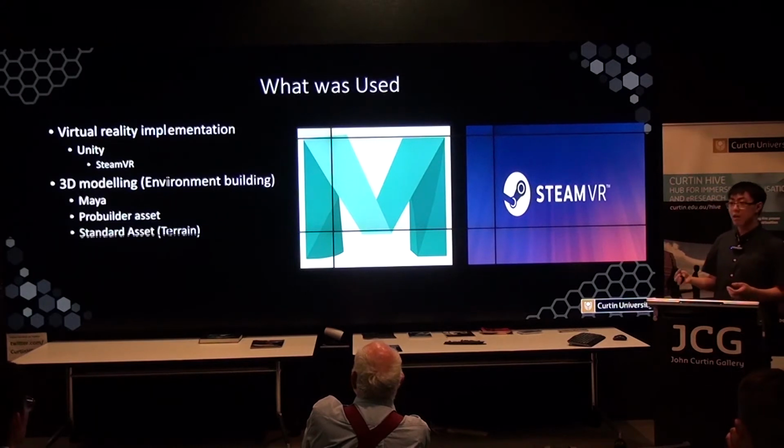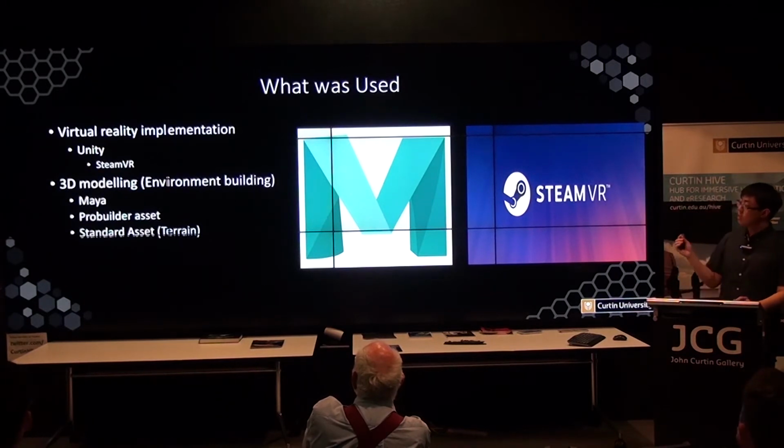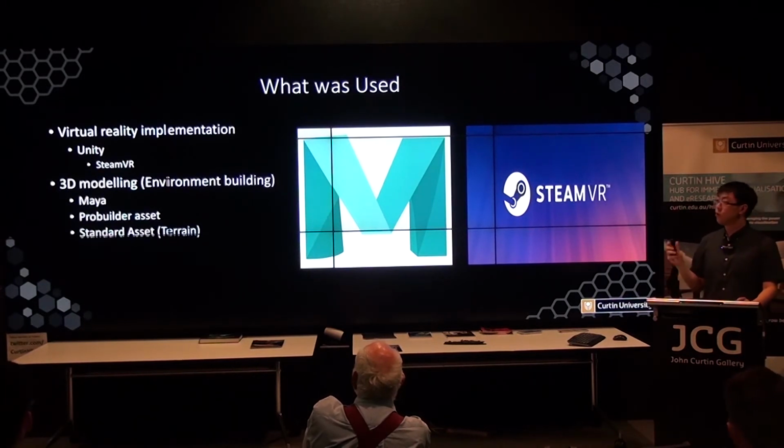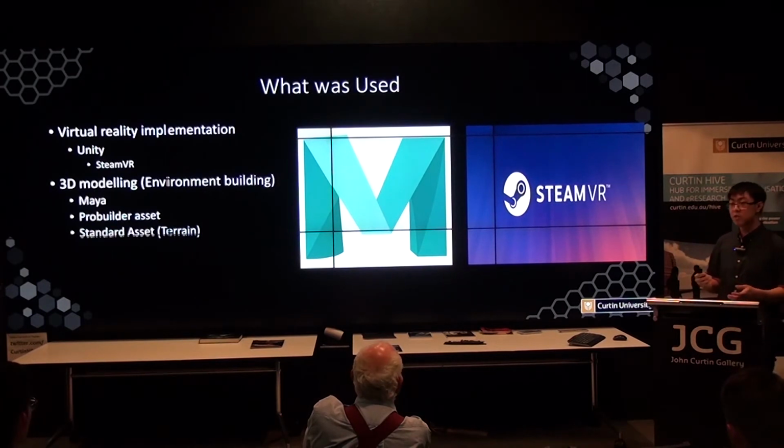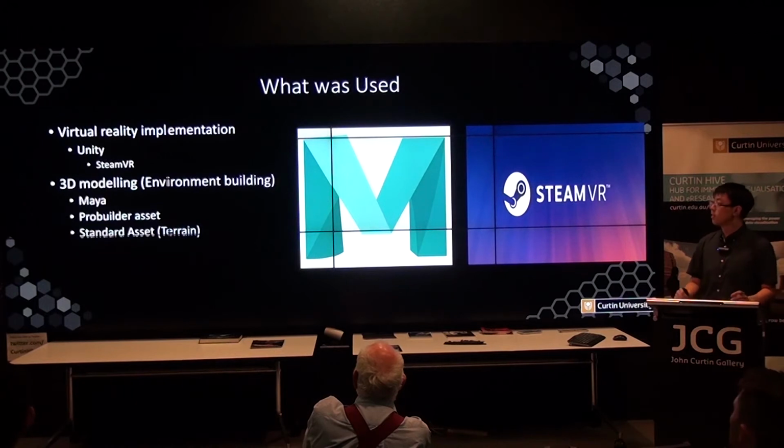Aside from the other assets used to create the environment, like the furniture, Maya 3D modeling was a key element. The other was the virtual reality implementation. 3D modeling utilized Maya for building some of the furniture, such as the sofa and the doors.